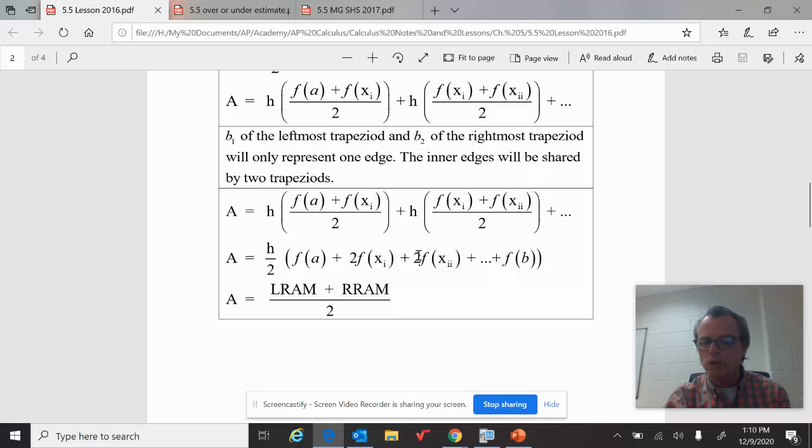And the trapezoidal area is, in effect, the average of LRAM and RRAM. Okay, so worst case scenario, you get confused by this. We're working on the AP test. You could do twice as much work and calculate LRAM and RRAM and take their average, and you would get the trapezoidal approximation. So we're going to go to the PowerPoint.